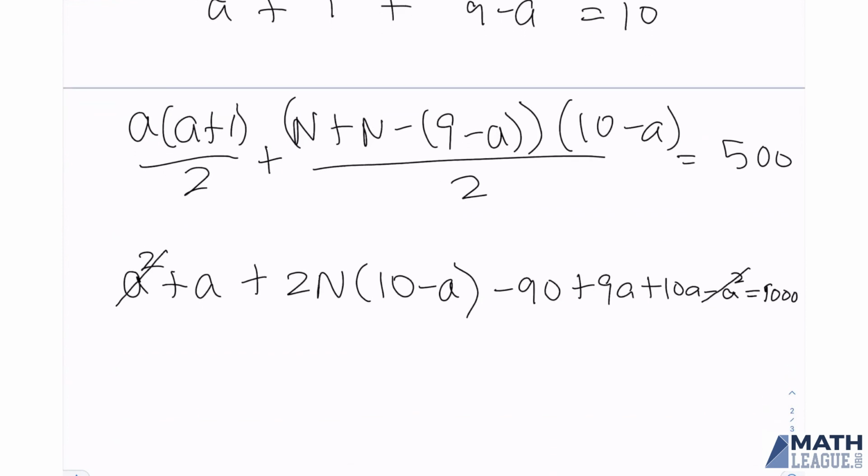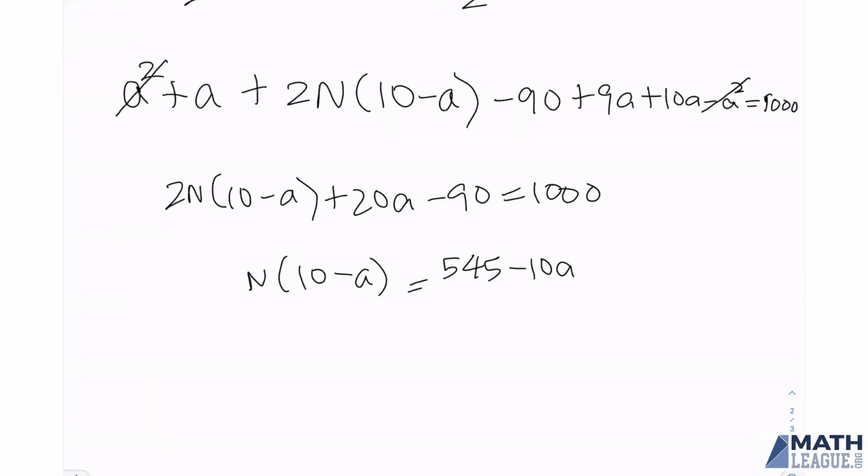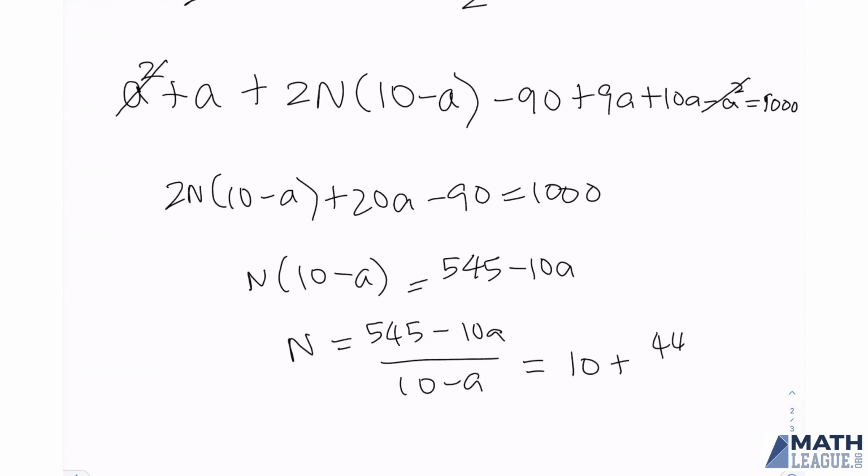And so we're left with 2n times 10 minus a plus 20a minus 90 is equal to 1,000. And so n times 10 minus a is 545 minus 10a, which implies that n is equal to 545 minus 10a all over 10 minus a, which is 10 plus 445 over 10 minus a.